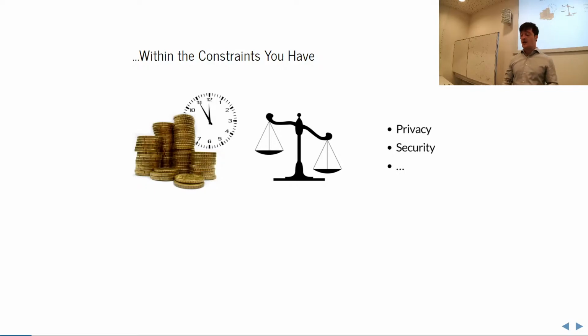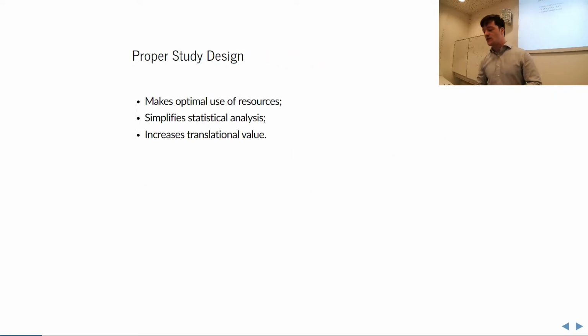Research costs money. There are ethical concerns, especially if you're working with live subjects. Then there's of course privacy concerns and security concerns, and any other constraints you can think of means that we have to design a study such that it is maximally efficient. So we want to make optimal use of resources.